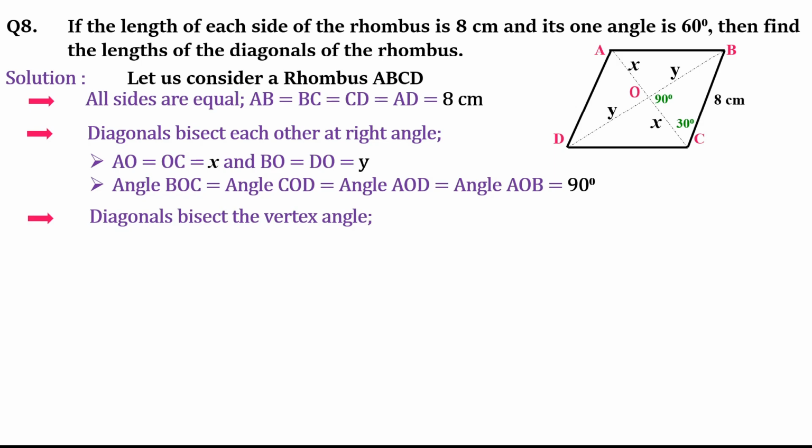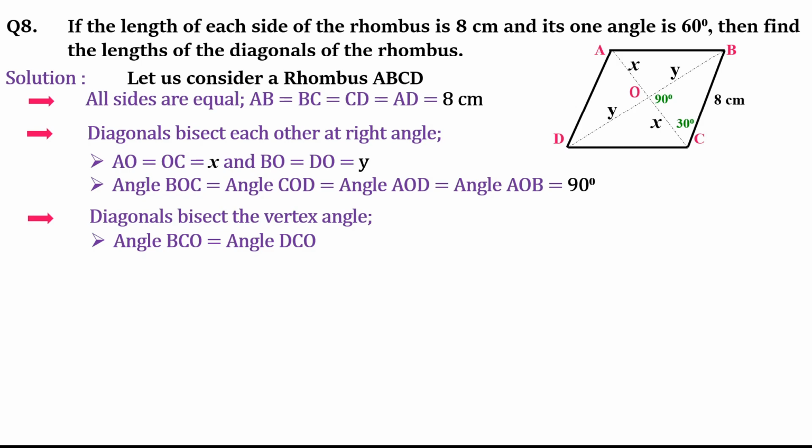Now next what we have, diagonals bisect the vertex angle. Now they have said one of its angles is 60 degree. Let me take it as angle C. Let angle C be equal to 60 degree. When I say this and use the property that diagonals bisect the vertex angle, if C is the angle which we are taking as 60 degree, that means the diagonal AC divides this angle into two equal parts.